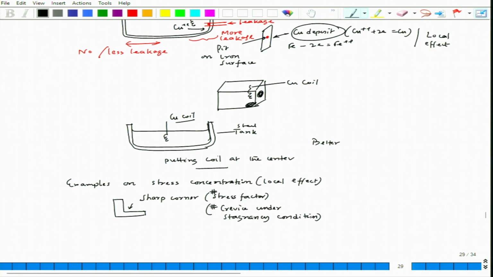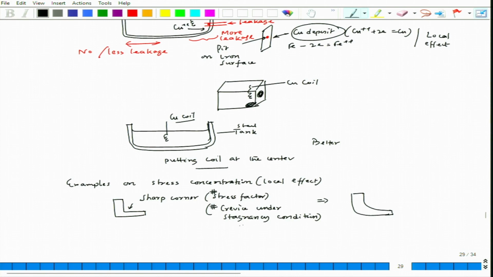Fine. Now, it is better to give sufficient radius in those corners, so that local stress concentration can be avoided. So, this will be a better design.